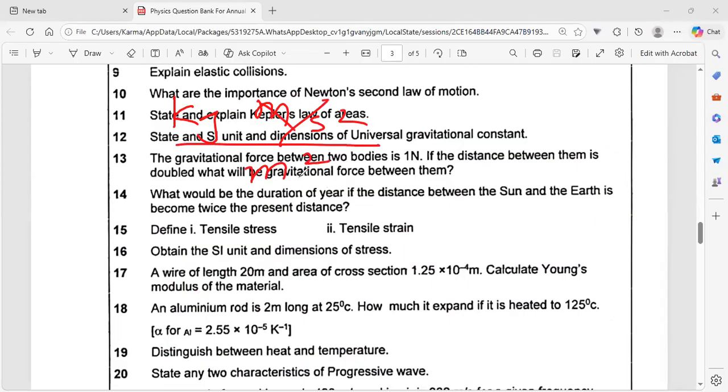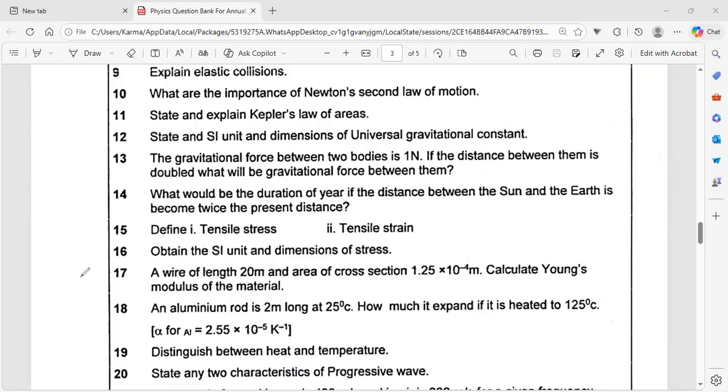One of the meters gets cancelled. That is L M T. So if I write, the mass is 1, meter is -1, and T is -2. That looks like the dimension of stress. Unit is going to be Newton per meter square.